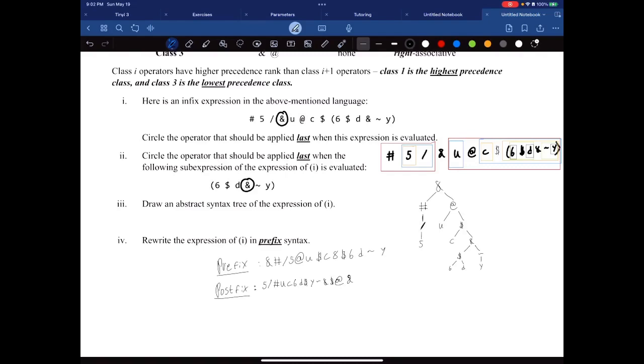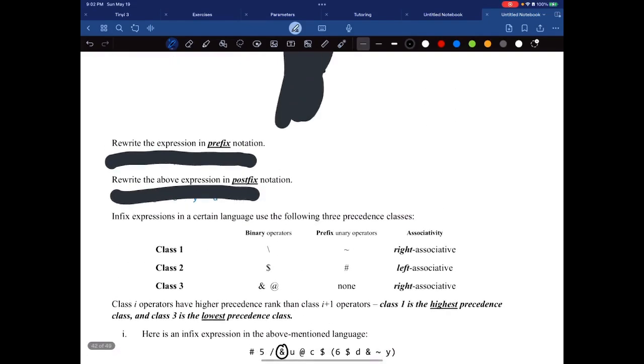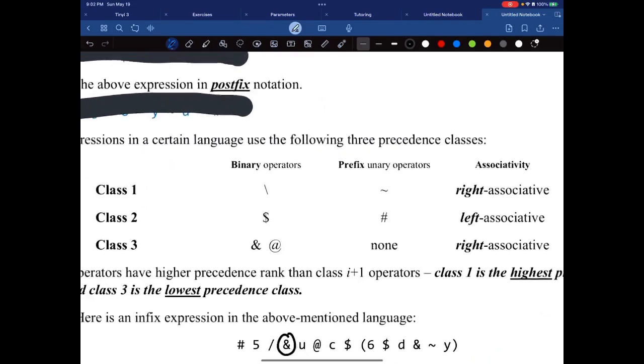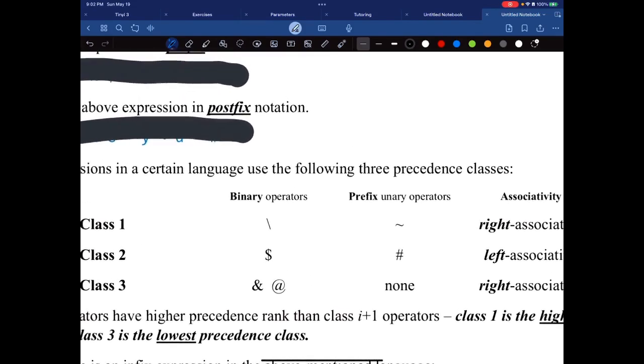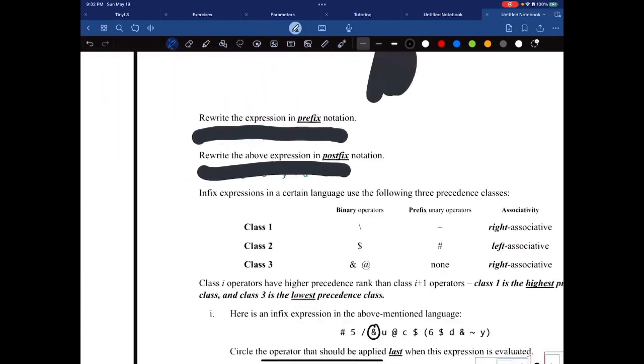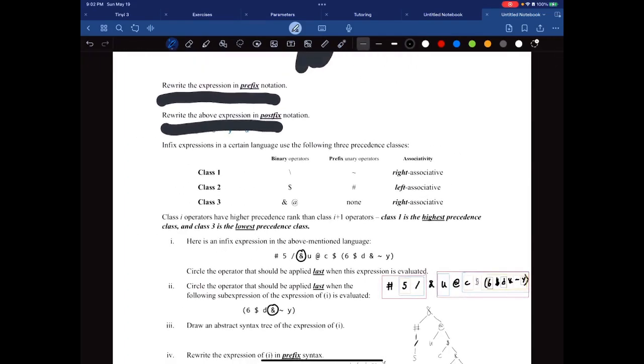He can also give one that's like, okay, given this over here, make a BNF grammar based on this precedence class, which is what we got in exam 1, if you remember. So for that, you just need to remember the pattern, right?